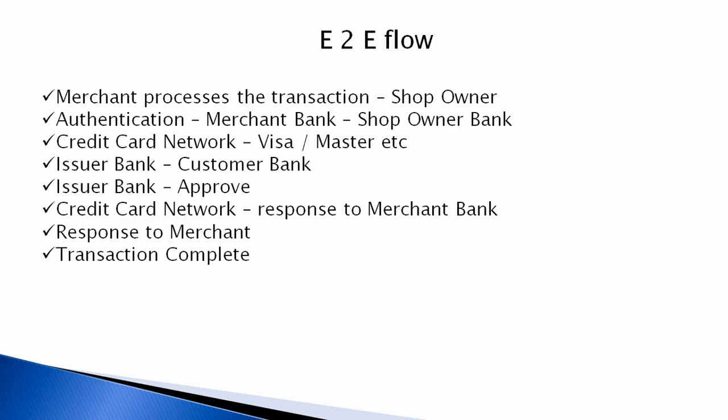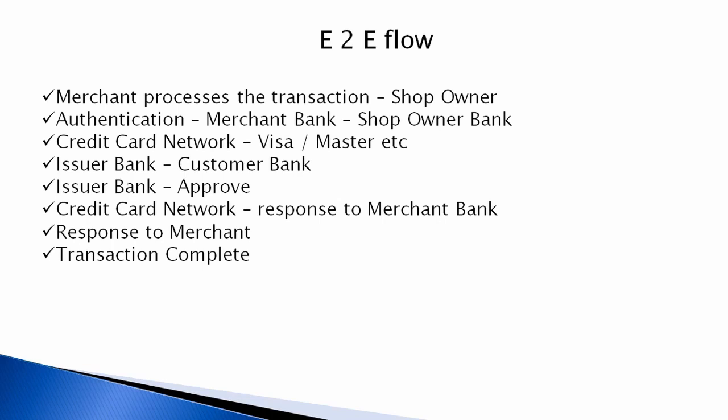What is the end-to-end flow of a debit card transaction? If it is a POS, you have a debit card, you have gone to a shop and purchased something and given your debit card, the merchant, the shop owner, processes the transaction. It goes for authentication from the merchant bank to the issuer bank. For example, the shop owner has an ICICI bank account and it is a Visa card. First it will go to Visa, and from Visa it will go to ICICI.